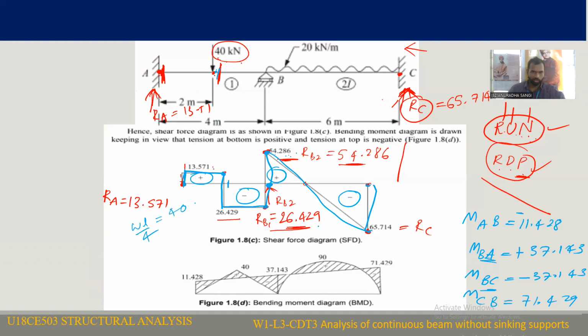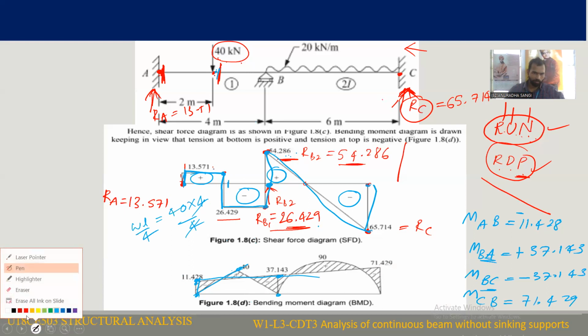W value 40, L value 4 divided by 4, you are going to get 40 kilonewton meter. The variation of bending moment due to the point load is a linear variation. Here it is 0, here maximum, and again here it is 0. Like that you need to represent it for the first span.